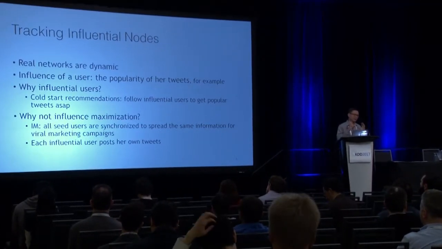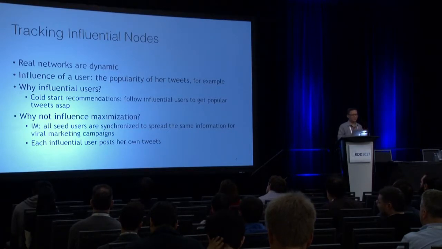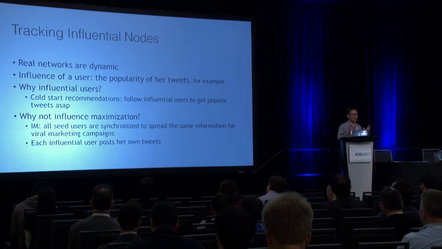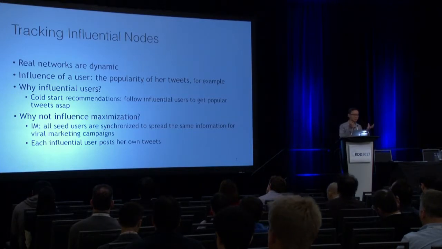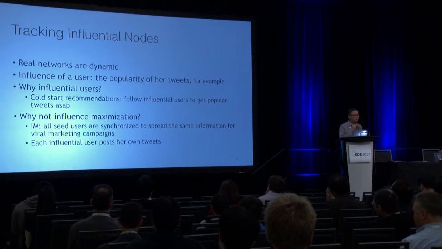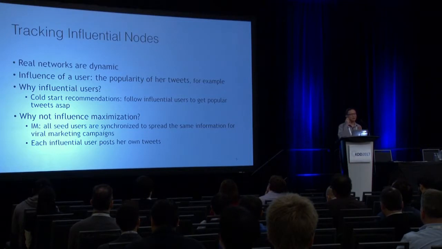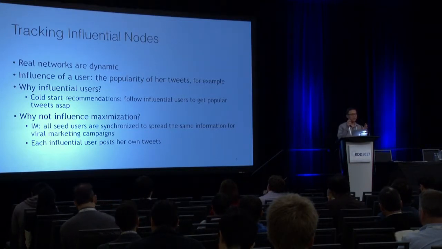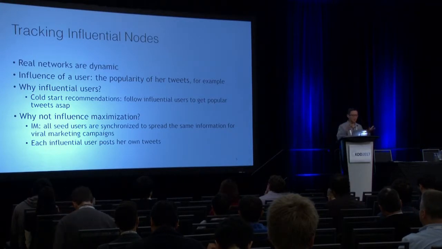Well, it's related but different, in the following sense. In influence maximization, you are trying to get a set of nodes so that the combined influence of that set of nodes is maximized. In other words, you hold one assumption, that the influence propagation in the influence maximization problem is somewhat synchronized.